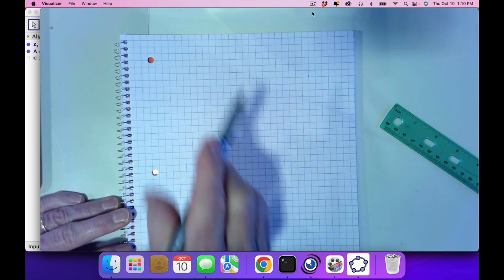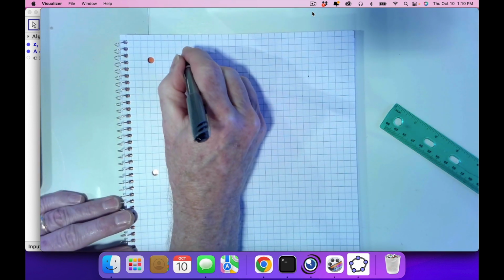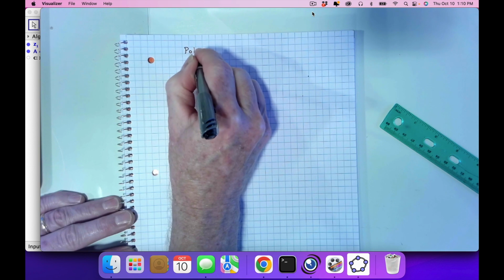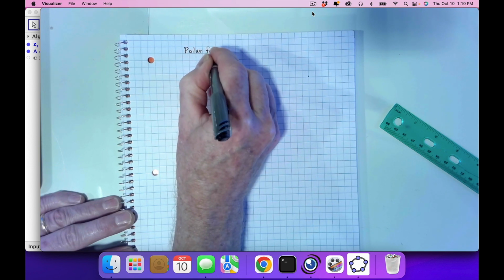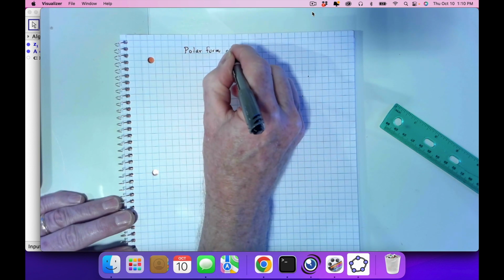And to do that, we are going to introduce polar form of a complex number.